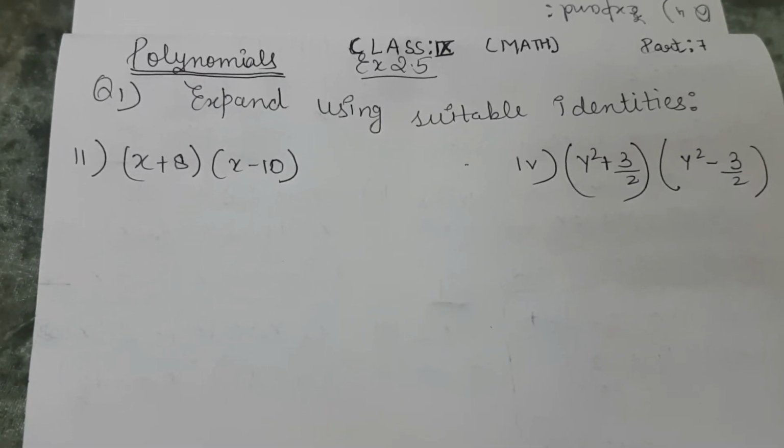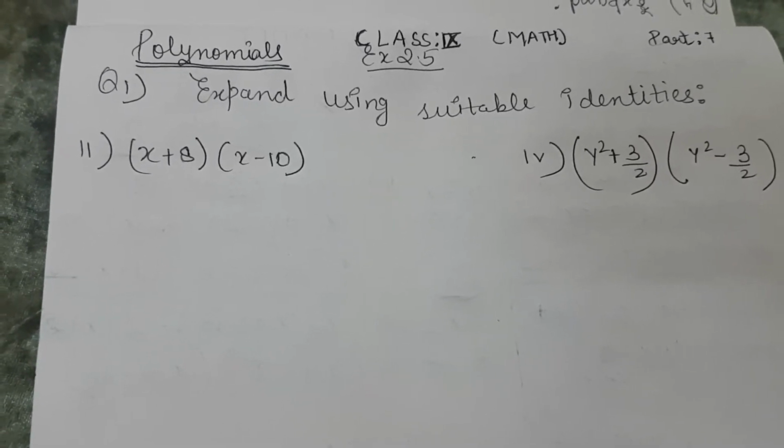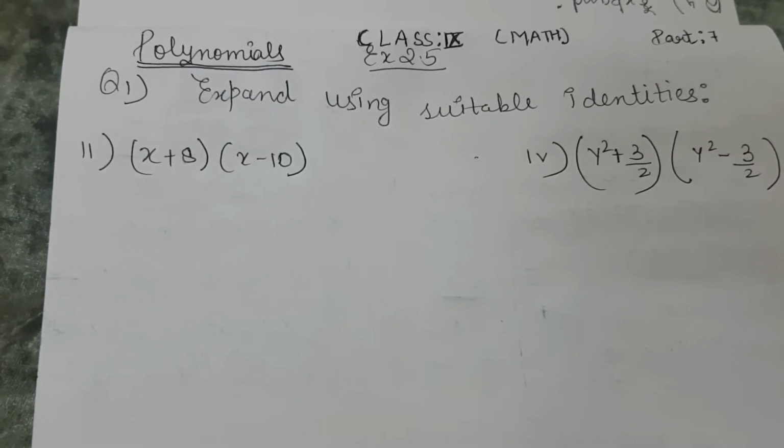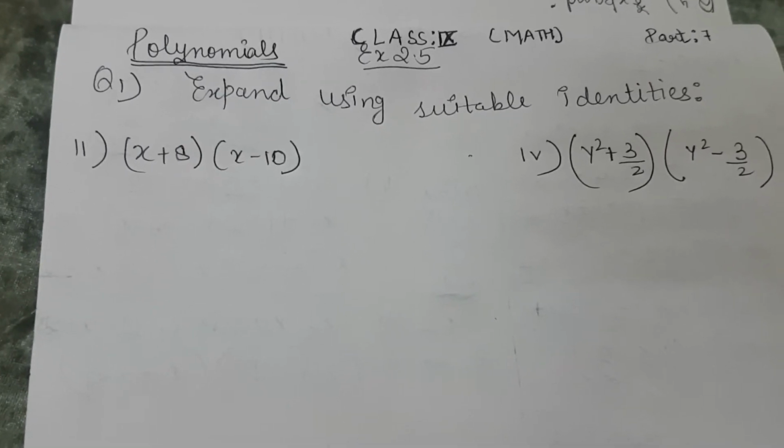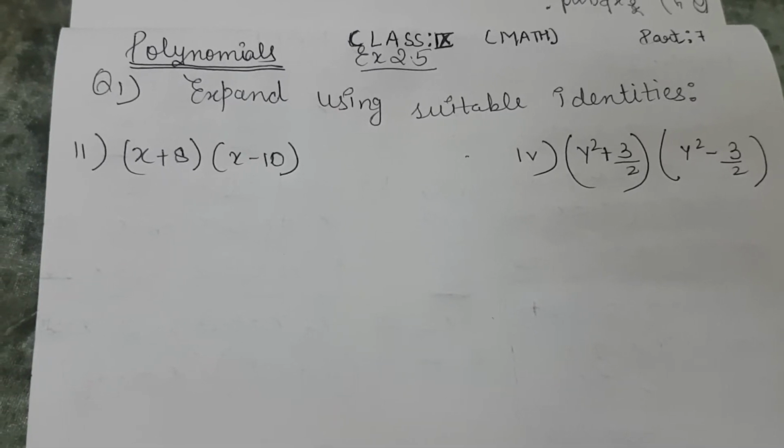This video is for class 9 maths part 7, exercise 2.5. In my previous video, part 6, I explained the identities which we will use in polynomials.